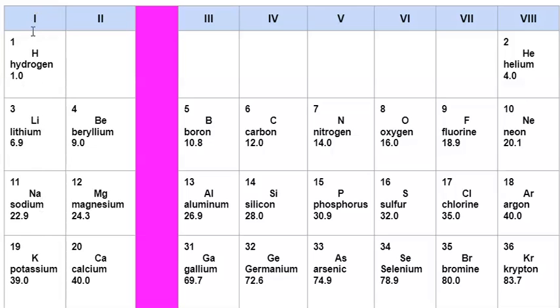Columns go down. The first 3 columns on our periodic table, for the most part, show metals. This pinkish streak in the middle is the transition metals from the periodic table. I did not copy this part down because it has its own set of rules that we're not going to be discussing in our class.